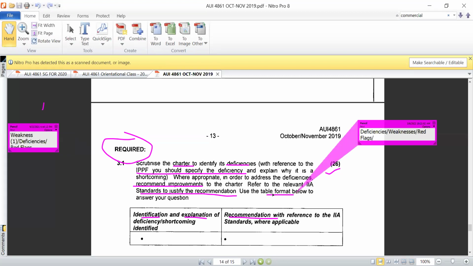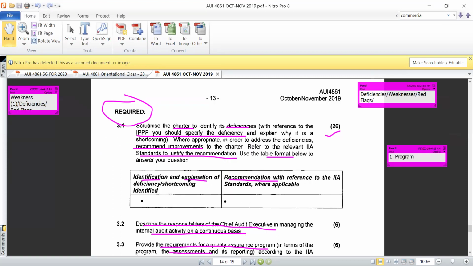Refer to the relevant IIA standards to justify the recommendation you give, and use the table format below to answer. The format is outlined as follows. In the first column, you have to indicate the identification and explanation of the deficiency or shortcoming in the internal audit charter that you would see in the case scenario.